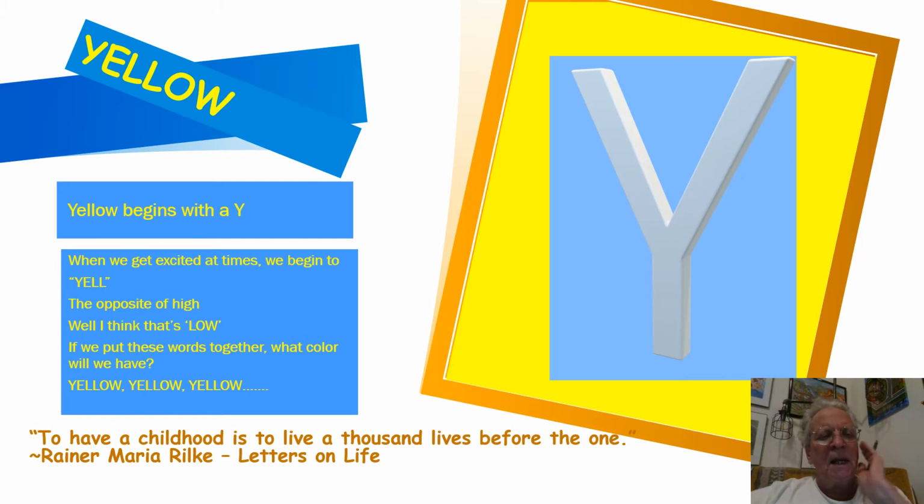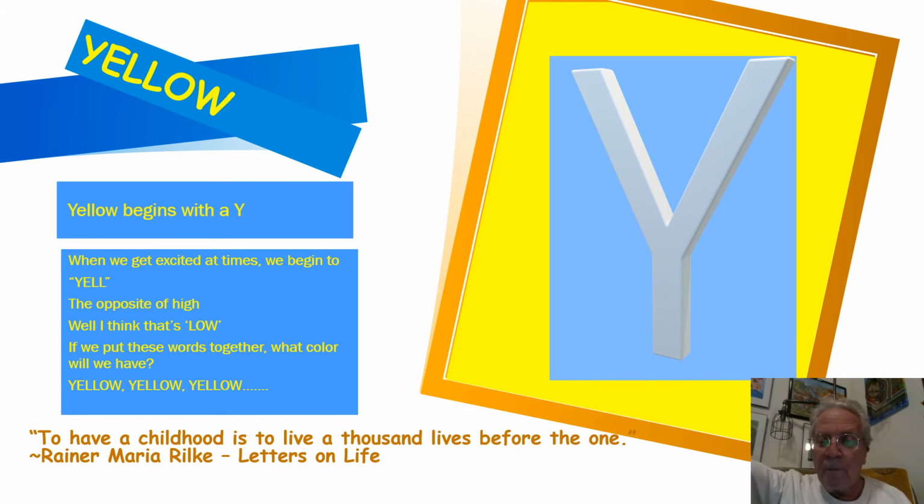And how do we say yellow? Well, you know, sometimes when we're out playing football or baseball or racing or doing something, we get excited, and we might begin to yell. And usually when we start yelling, we usually get into trouble, but that's okay. We're not going to get in trouble today. All right, but we begin to yell. And another question I have for you, okay, keep yelling. Now, when I'm up real high, I say I'm high, okay? But what's the opposite?